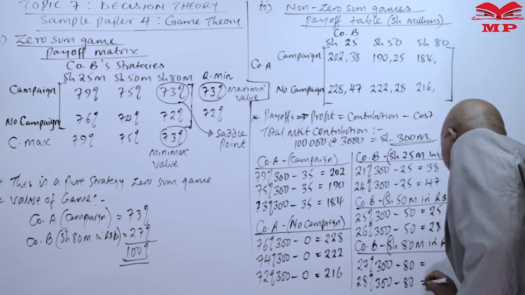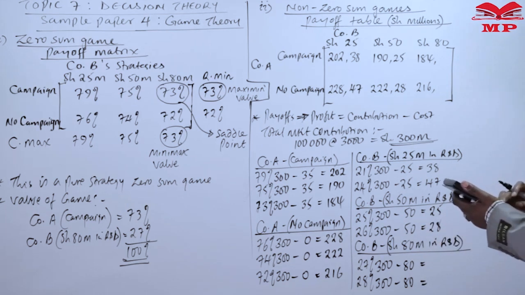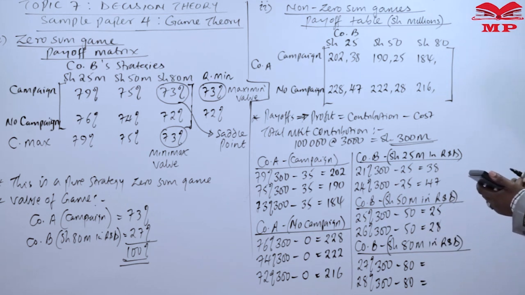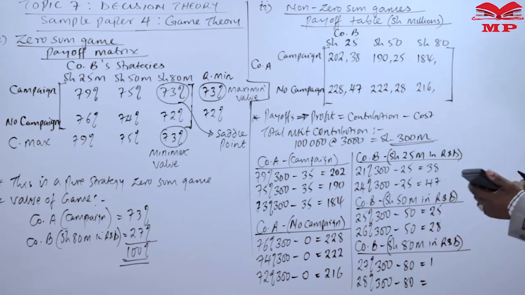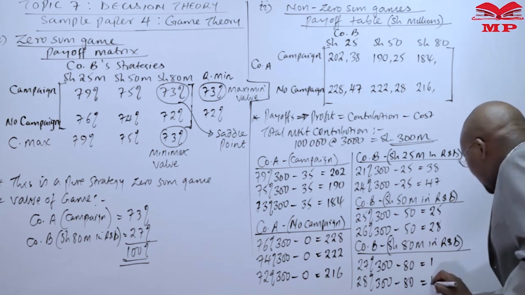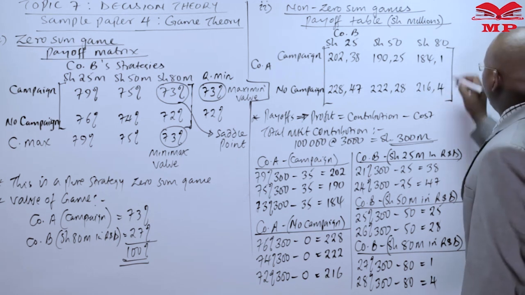So we are going to have a very, very small profit there, if any. 0.27 times 300 minus 80 million is giving us 1M. And 0.28 times 300 minus 80 is going to give us 4 million. We come and present here: this is 1 million and this is 4M.